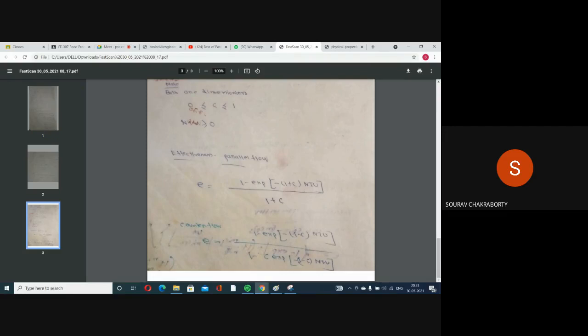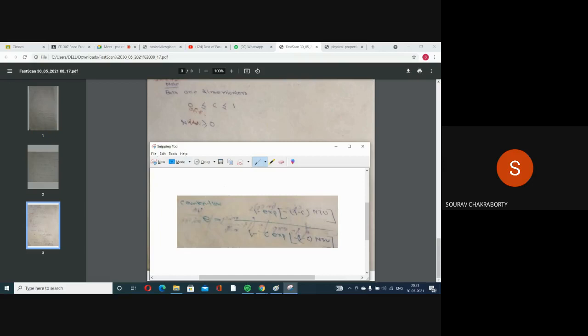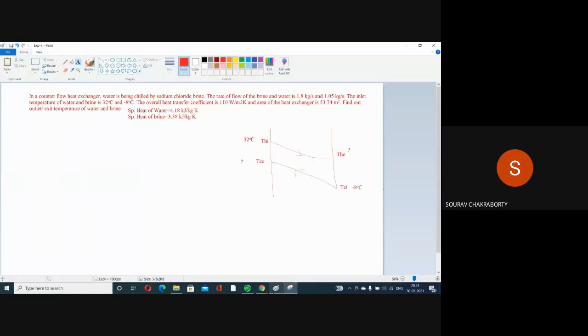This is for counter flow, we know this expression. First of all, we need to determine the C value.